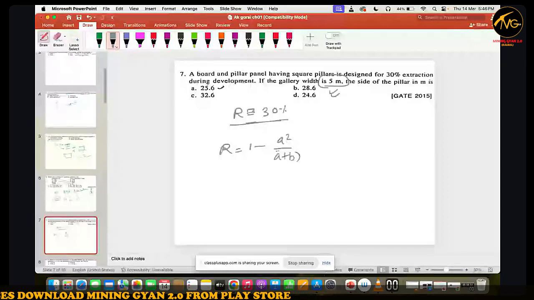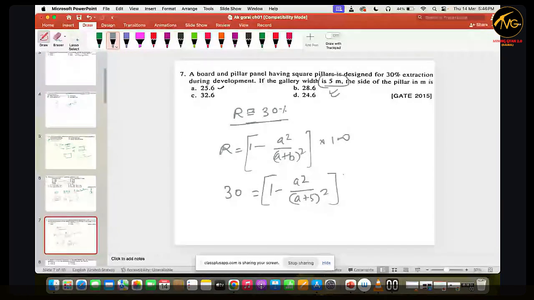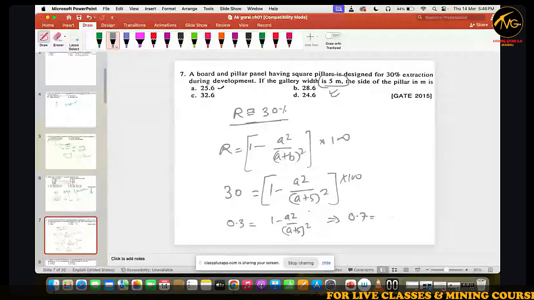We are considering the square pillar. So 30 equals 1 minus A square by (A plus 5) square into 100. It will be 0.3 = 1 minus A square by (A plus 5) square. When we solve, it will be 0.7 = A square by (A plus 5) square.